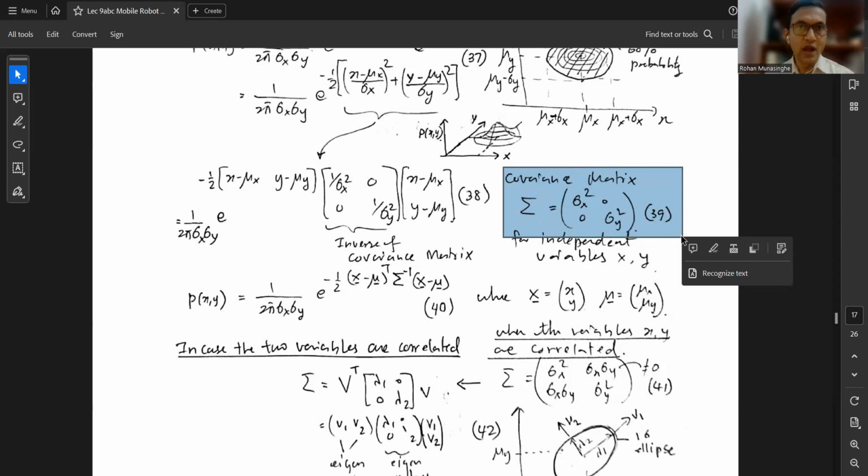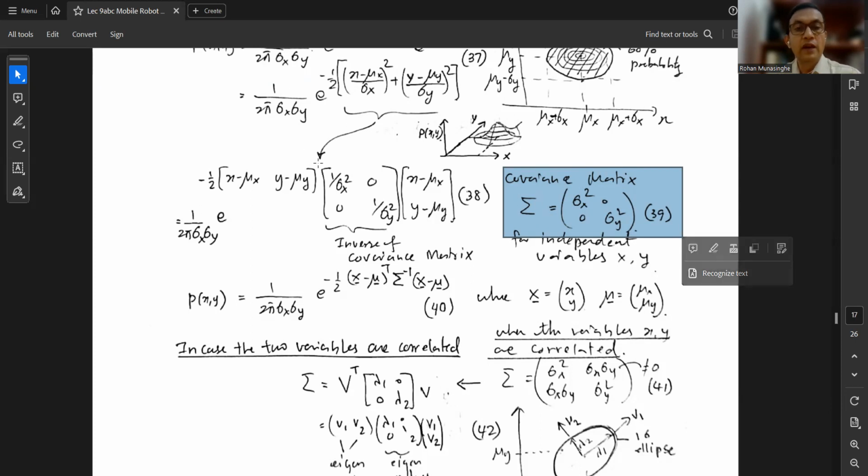When you have more than one signal, x, y, z like that, there are variances, sigma x, sigma y, sigma z, squares of them in the main diagonal. This is the standard covariance matrix. In the off diagonal elements, you can have x and y, x and z, y and z like that, right? But in this case they're all zeros.